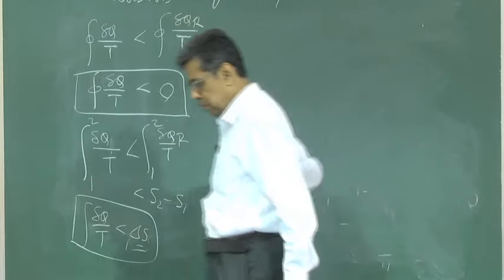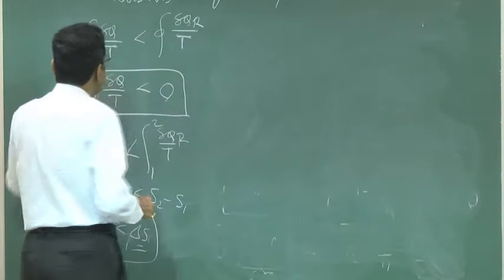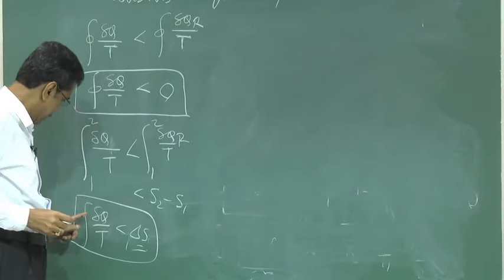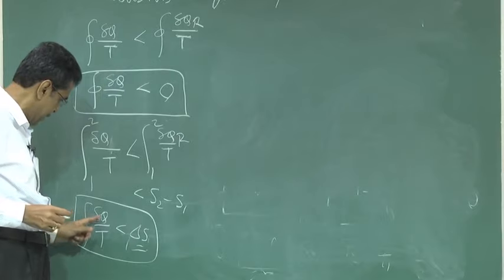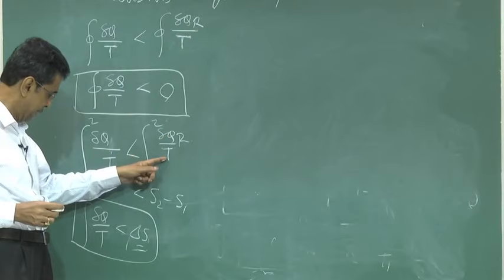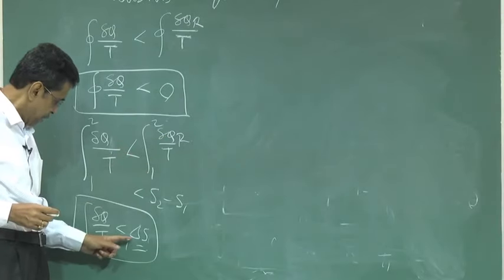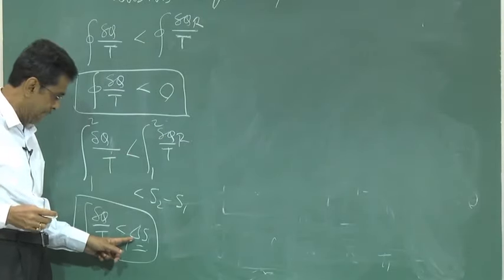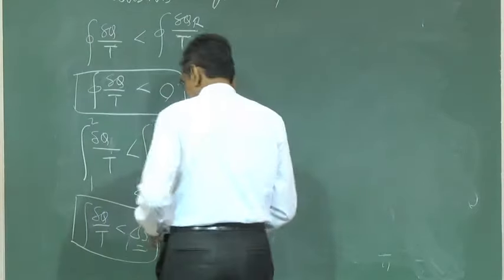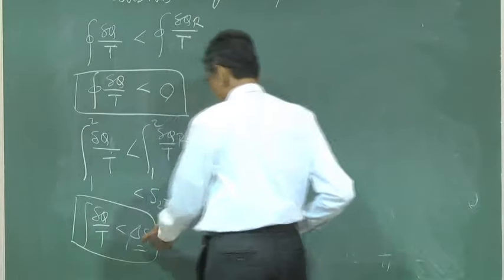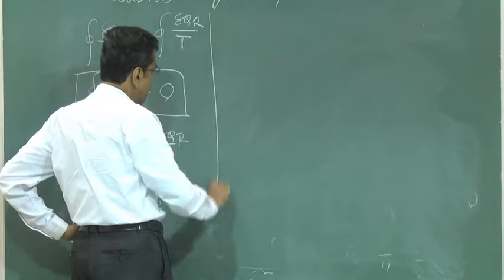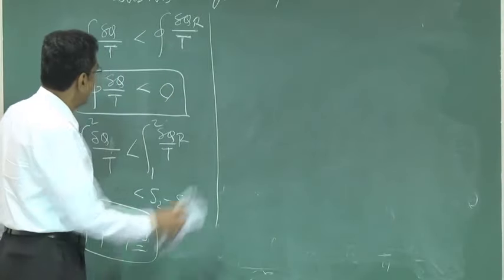Clausius inequality tells that the cyclic integral of delta Q by T is less than 0, and over a given process the integral of delta Q by T is less than its counterpart, delta Q reversible by T in the reversible process, that is equal to delta S. Now with this concept we can write this in a different way for an irreversible process.